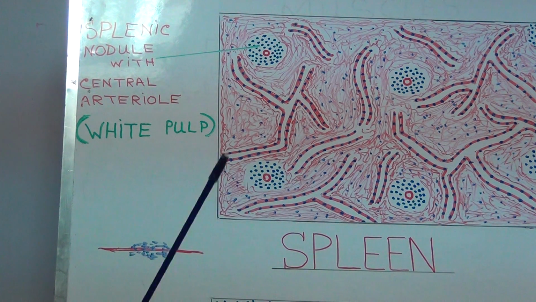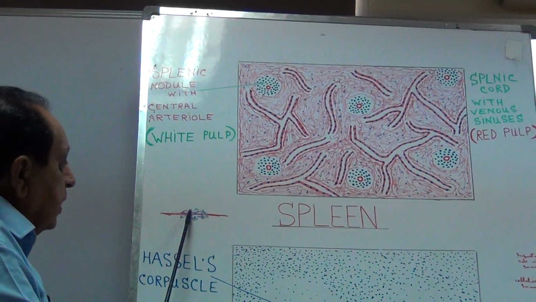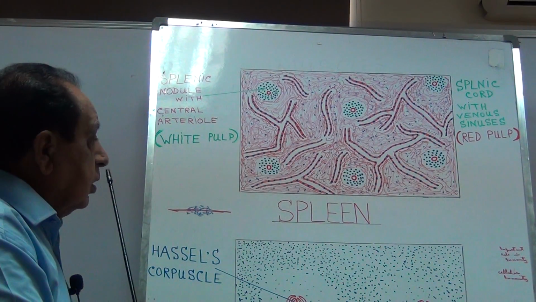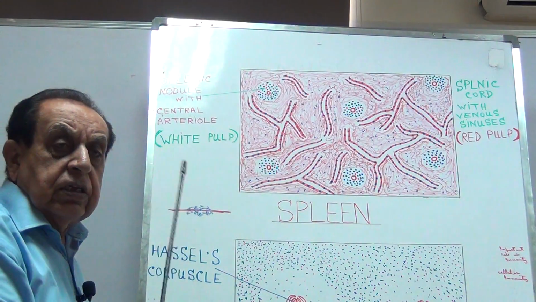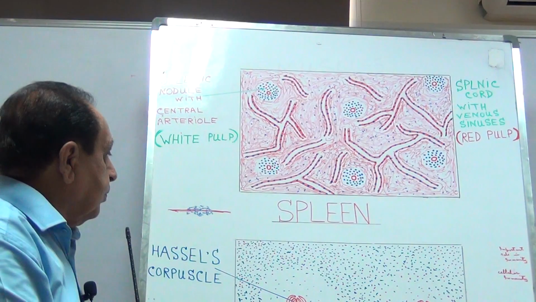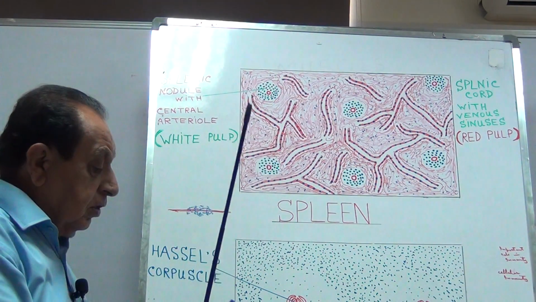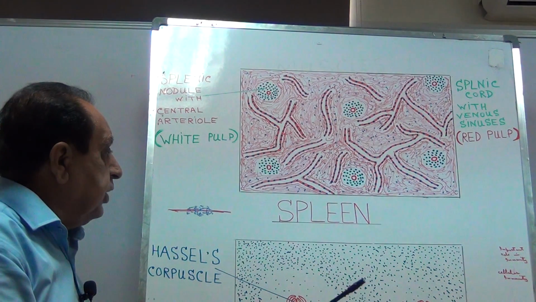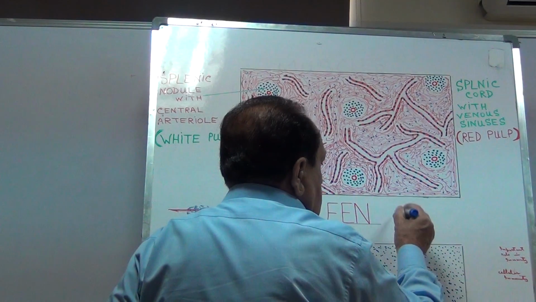Now, as the artery enters the white pulp, it loses its collagen fibers in the tunica adventitia, and they are replaced by reticular fibers, and they form a sheath around the artery. It is called the periarterial sheath.